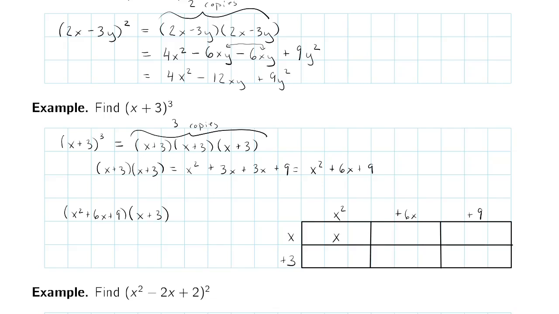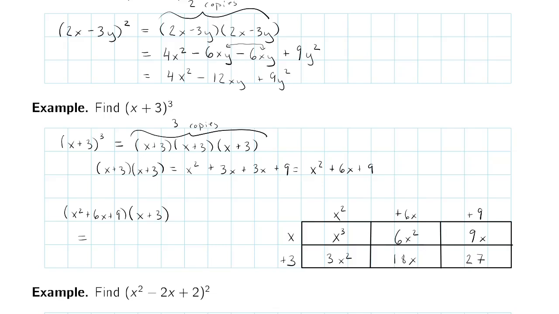X times x squared is x to the third. X times 6x is 6x squared. X times 9 is 9x. 3 times x squared is 3x squared. 3 times 6x is 18x. 3 times 9 is 27.